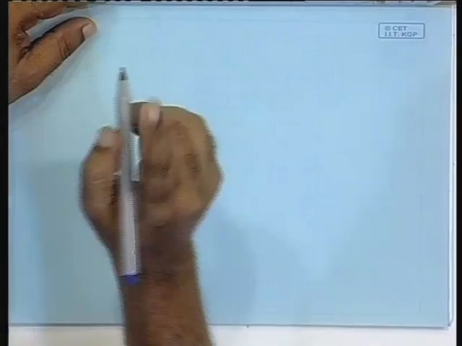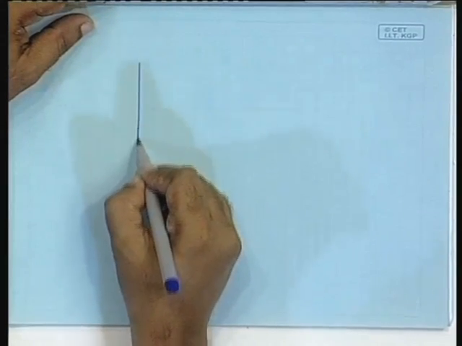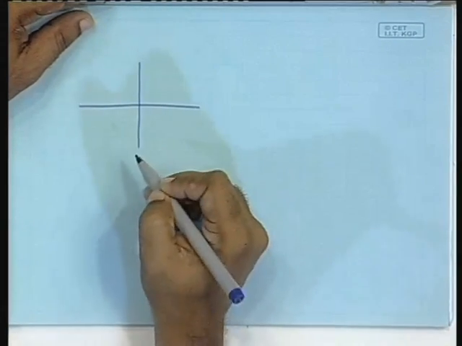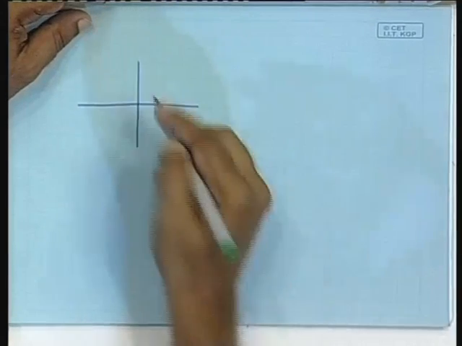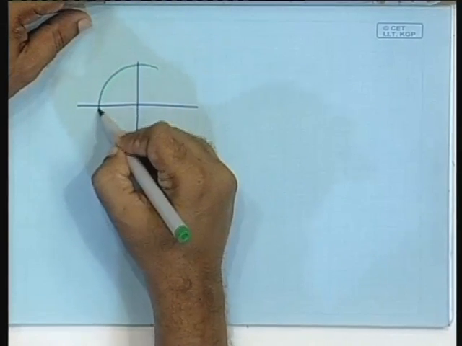Now, you know that the fixed points are classified depending on the character of the eigenvalues. Let's just recapitulate that. Say I am drawing the complex plane and the position of the eigenvalues as related to the complex plane.